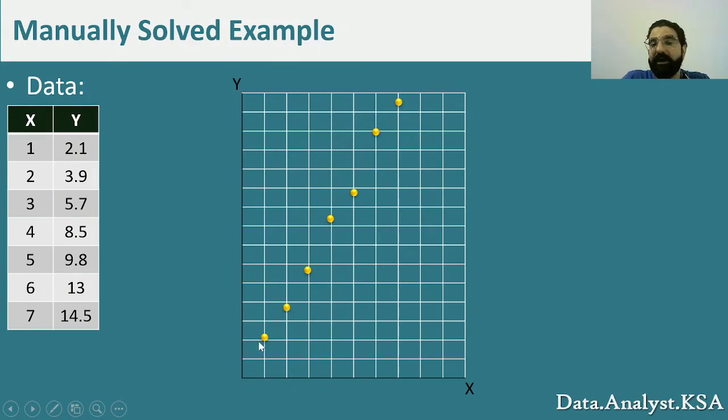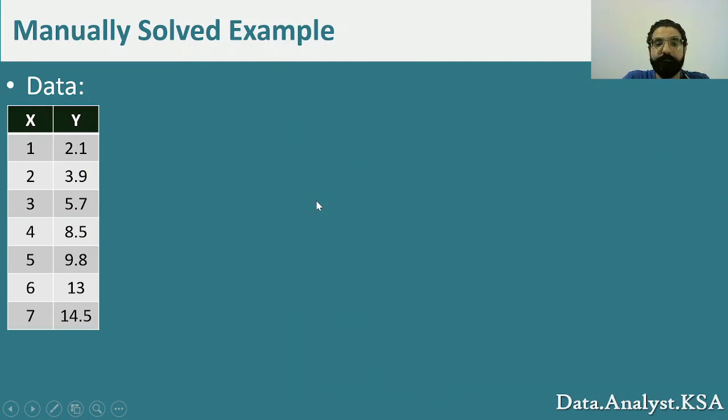So now we want to find the best fitting line that would fit through this data. To do this, we remember that we needed a few quantities. We first needed the average, the x bar, we needed the y bar, and we needed the SXY, and we needed the SXX. So let's do some calculations. First, to get the average, we need to get the sum of the xi's.